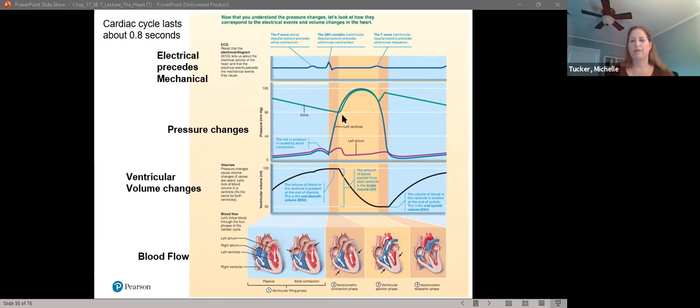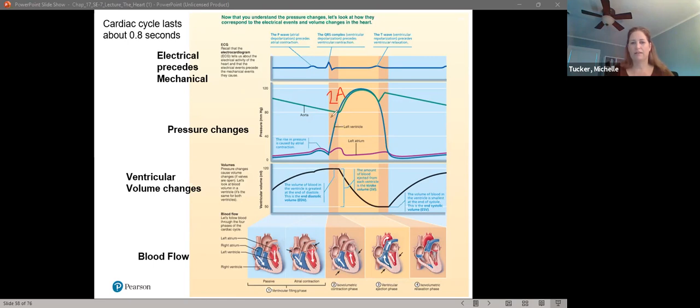So this, I call it 2A, is a very small part of the cardiac cycle, but it is important. It is this khaki band here. It is when we establish something called isovolumetric contraction.